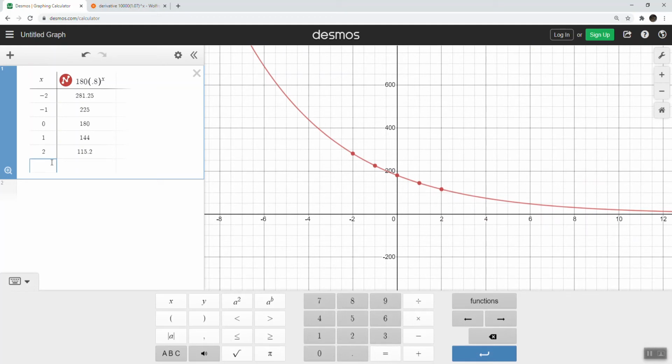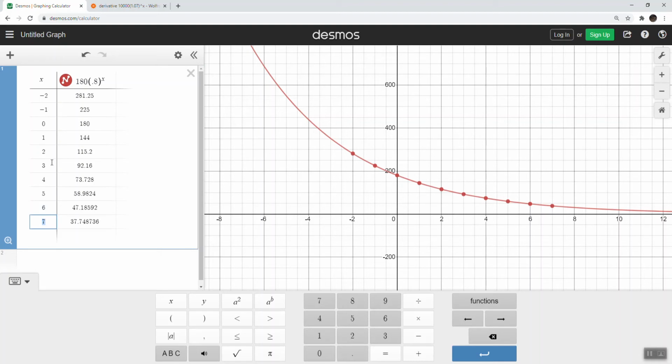We have 0, 1, 2, 3, 4, so we need 3, 4, 5, and 6. Notice we get a few more decimal places than our table gave us. Quite a bit more, and that explains why, if we had calculated the relative change between 6 and 7, we wouldn't have gotten exactly negative 0.2, but we would have gotten really, really close.